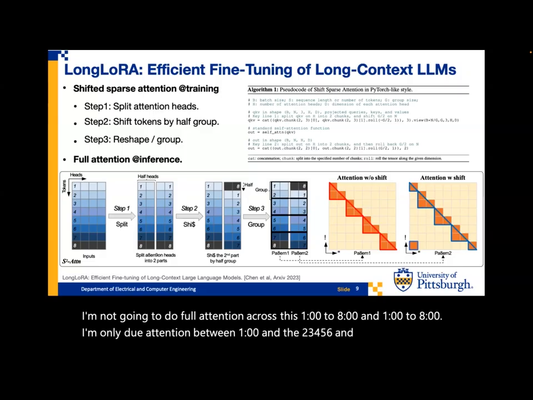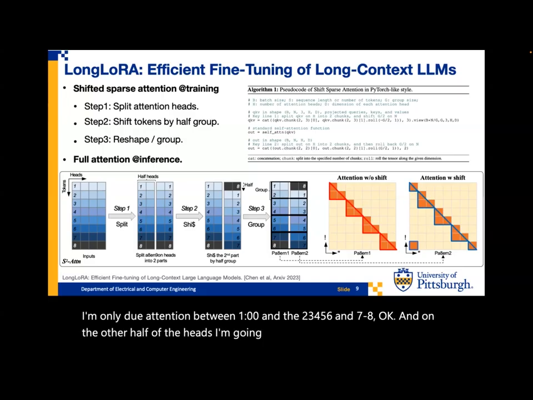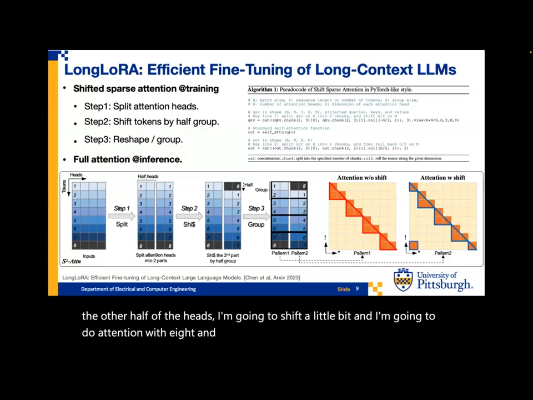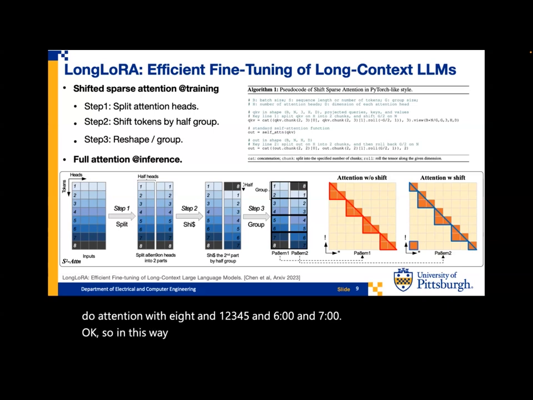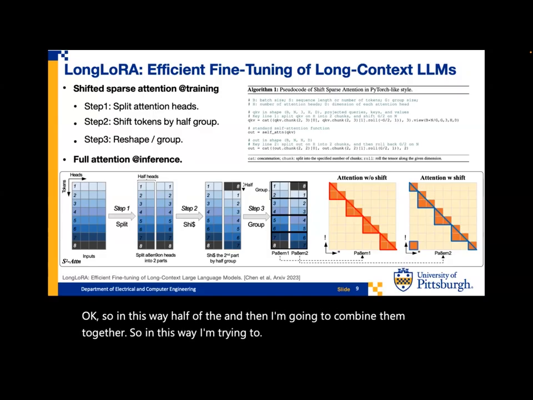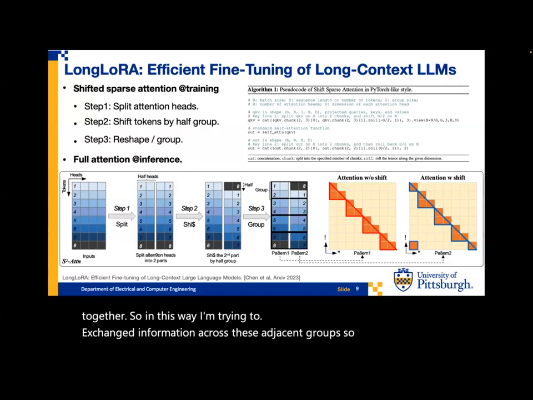And on the other half of the heads, I'm going to shift a little bit, and do attention with 8 and 1, 2 and 3, 4 and 5, and 6 and 7. Then I'm going to combine them together. So in this way, I'm trying to exchange the information across these adjacent groups. Now we got attention information from 1, 2, and also from 1, 8.